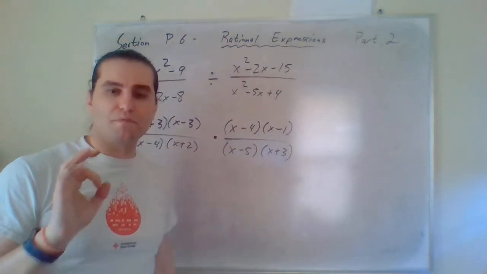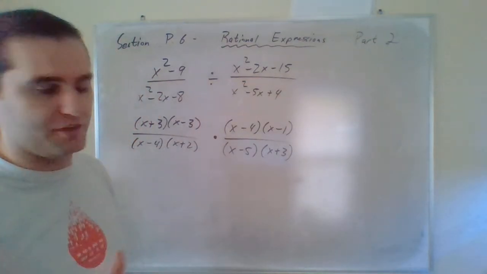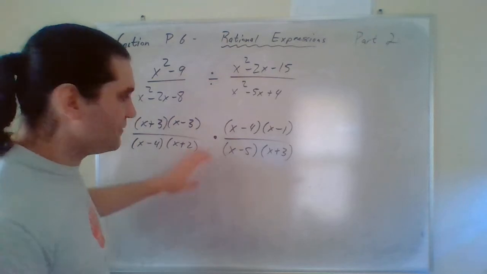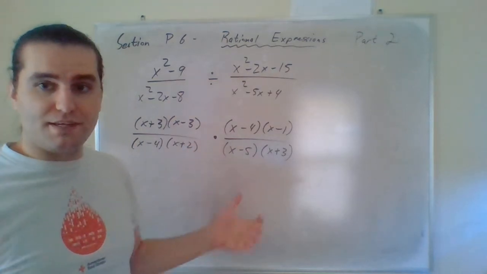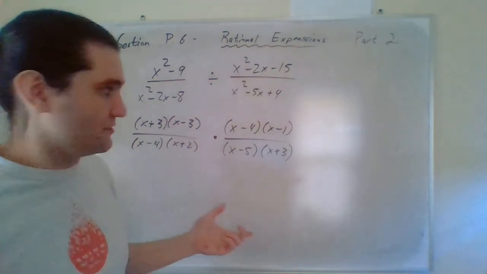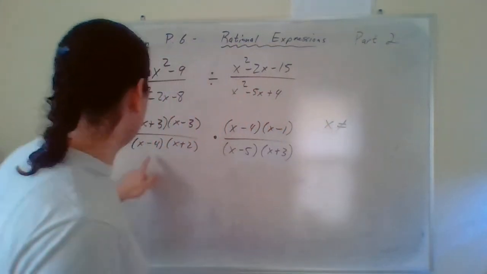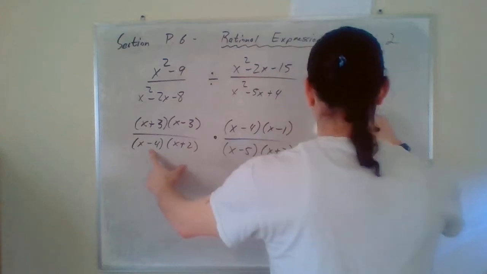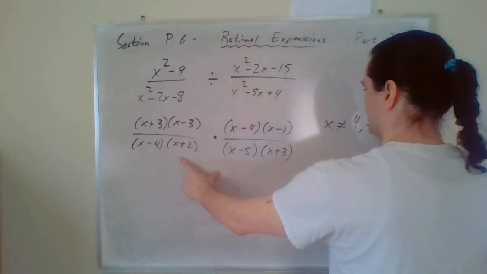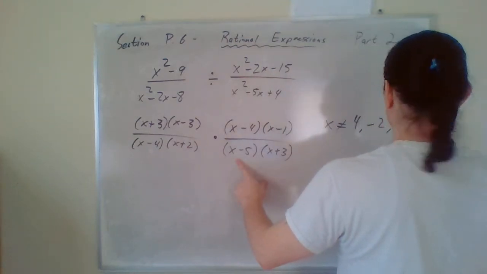Here's the part that's really weird about the division. Now that everything is factored, we can very easily see the domain restrictions. The domain restrictions should be that x can't be, let's see, 4, can't be negative 2, can't be 5, can't be negative 3.